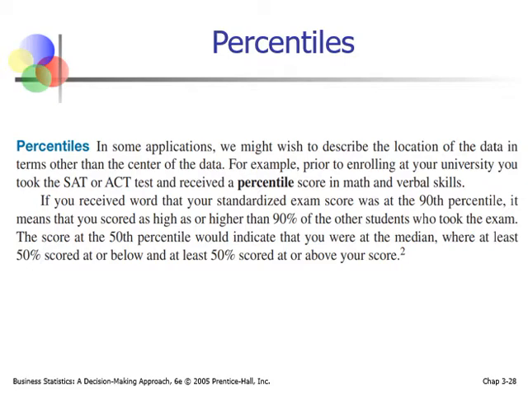So your score is high. Now, if for example you are at the 50th percentile, meaning you are in the middle, 50% of those students who took the exam scored lower than your points, and 50% of them are higher than you. So it is like your location in the whole data set, the location of that data compared to the other data set.